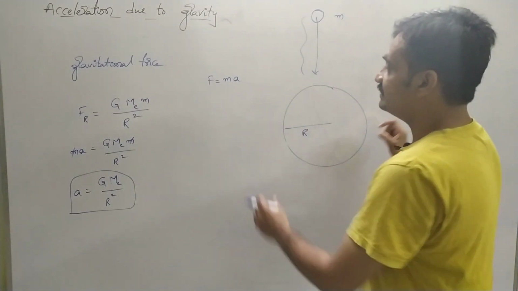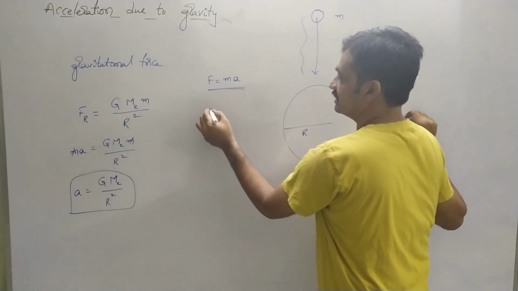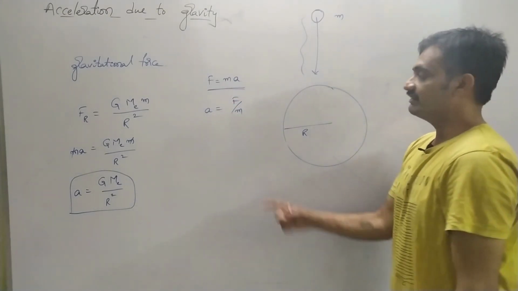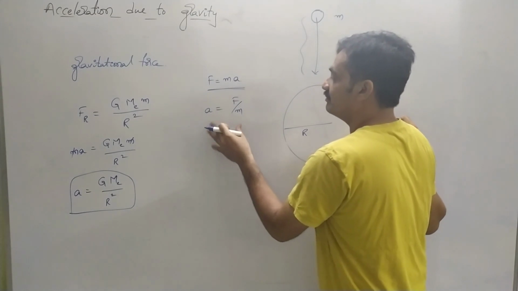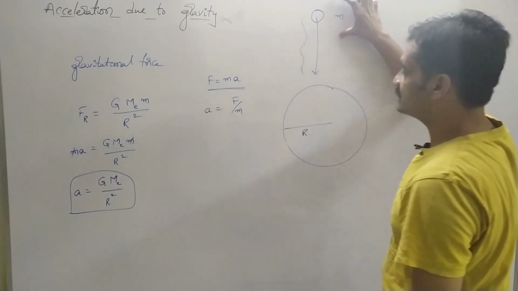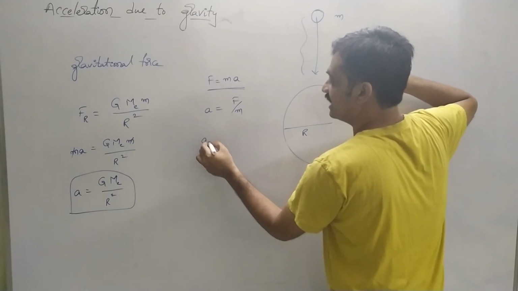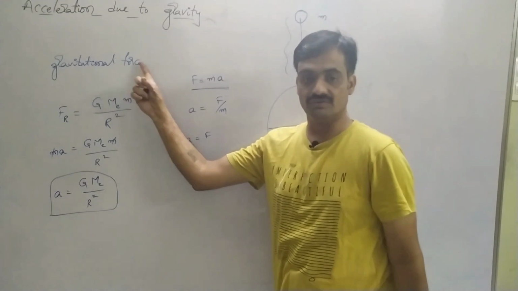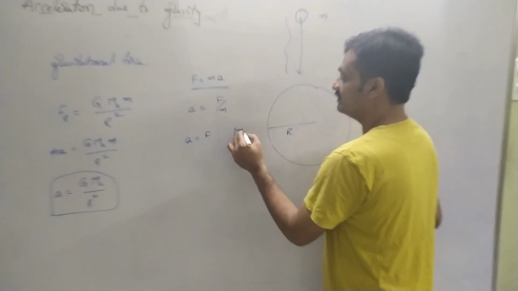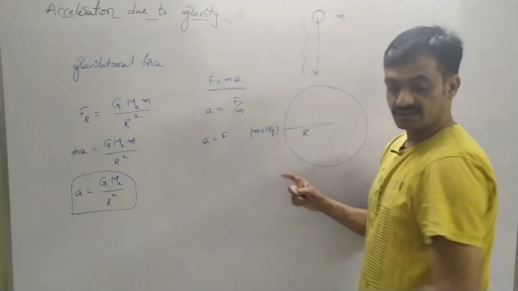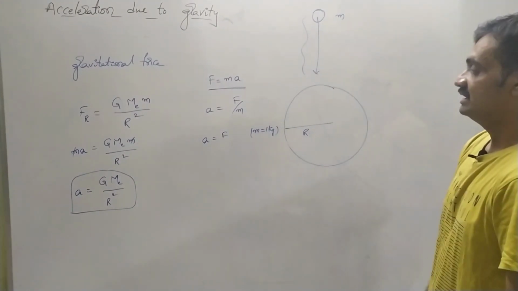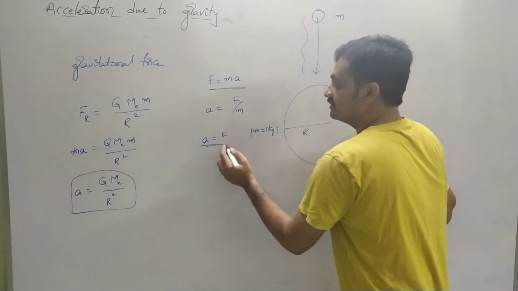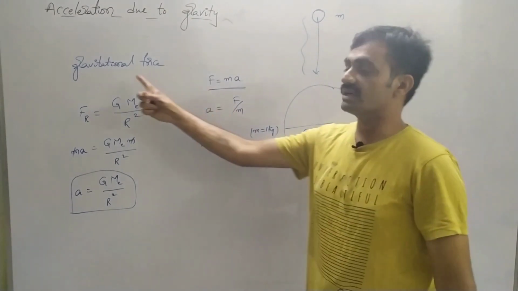Whereas as we consider the expression F equals ma, a is equal to F by m. So since the body of mass 1 kg is falling towards the surface of the earth, we can represent that the acceleration gained by the body is equal to the gravitational force. When we consider mass m equals 1 kg, then a is equal to F. So this acceleration is gained due to gravitational force.